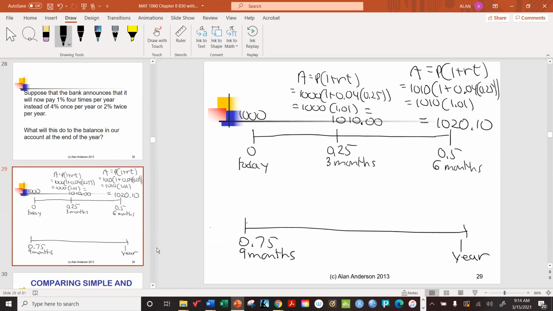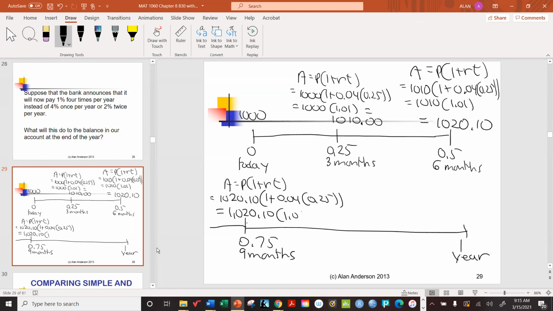Now, when we get down here to 9 months, we'll have 1,020.10 multiplied by 1 plus 0.04 times 0.25, which is the same as multiplying 1,020.10 times 1.01, and we'll have 1,030.301.